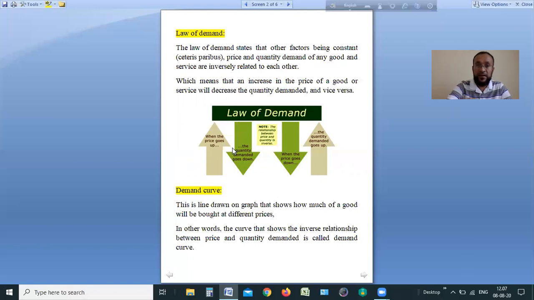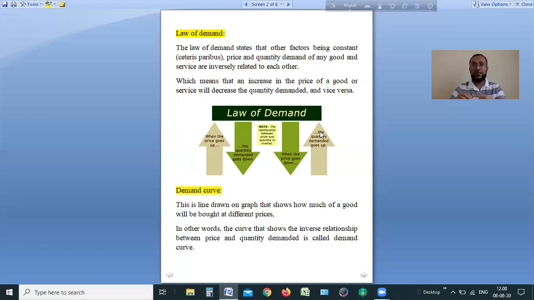So there is an inverse relationship between price and quantity demanded. And inversely, when the price of goods or services goes down, in response to this, demand will increase. So here is the downward direction of price, and here the upward direction of demand. So there is always an inverse relationship between demand and price.